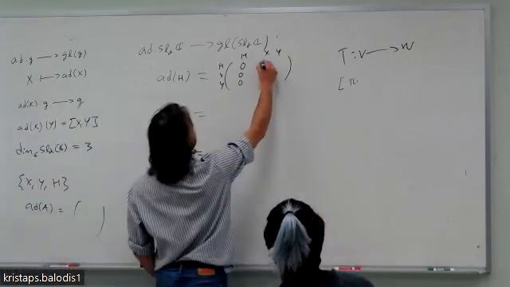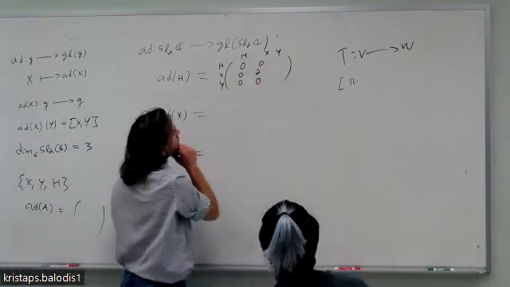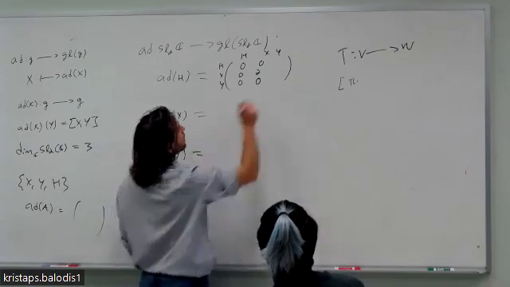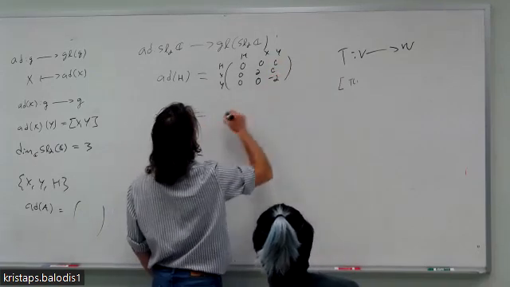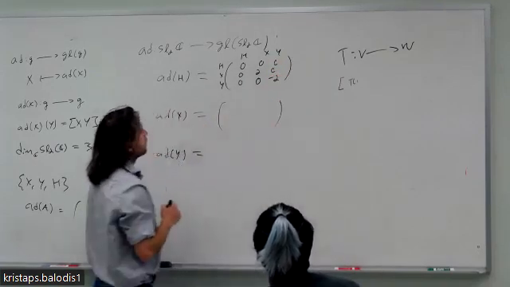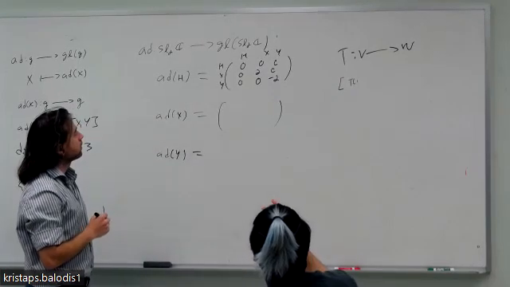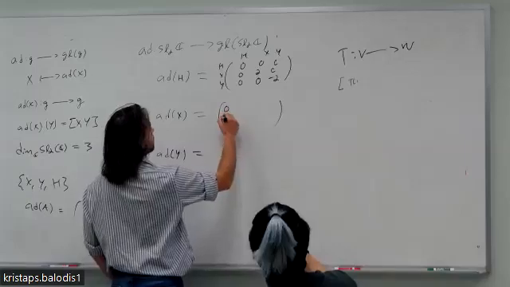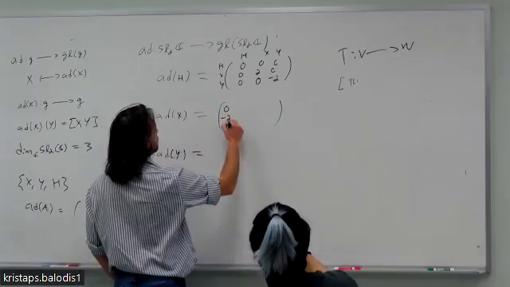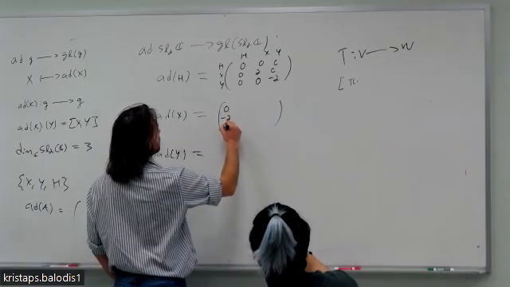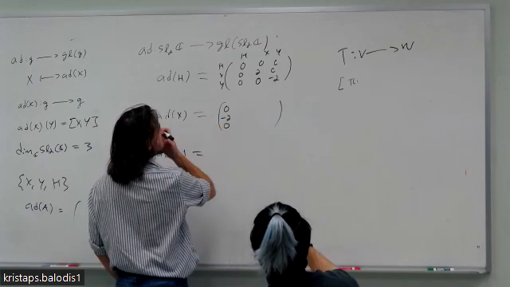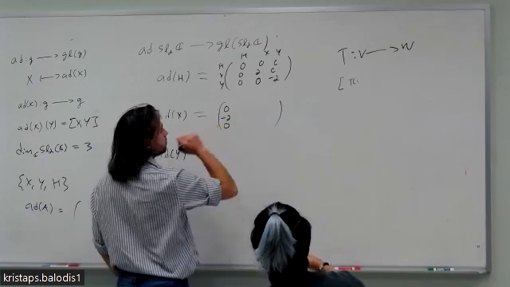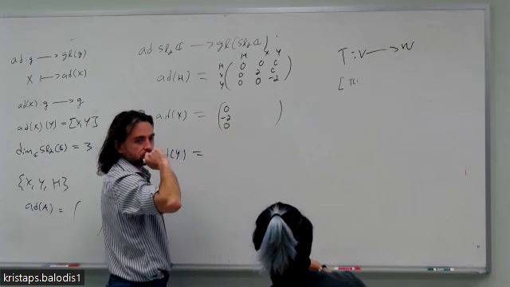So 2 would be, and then it would be 0, 0, -2. Then 0, -2, 0. Add X, 0, 0, 0.